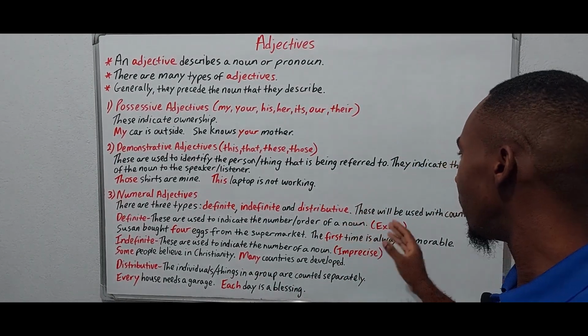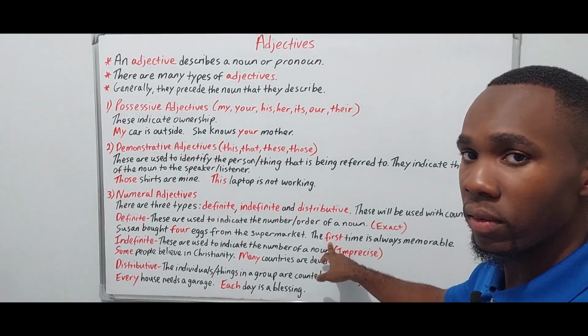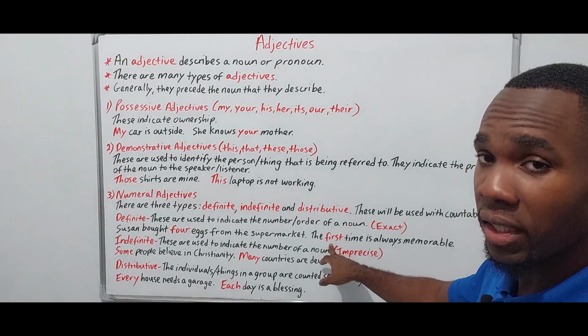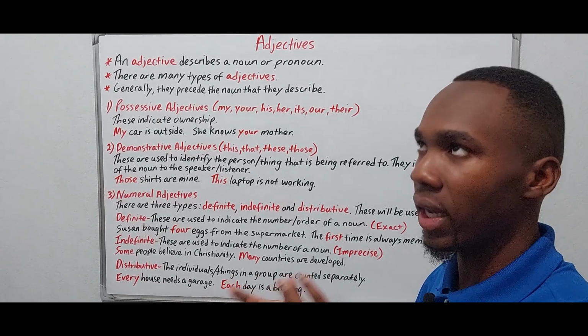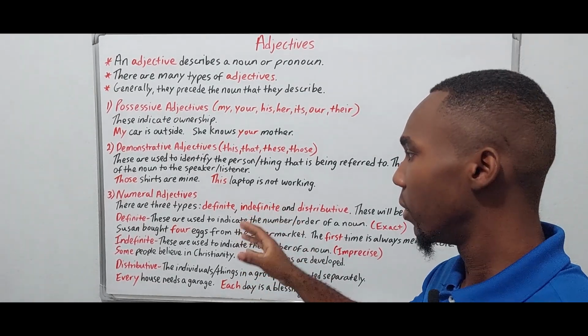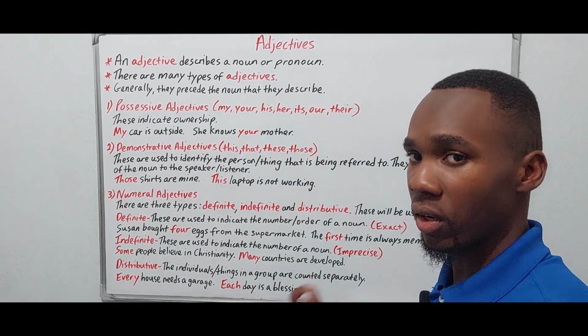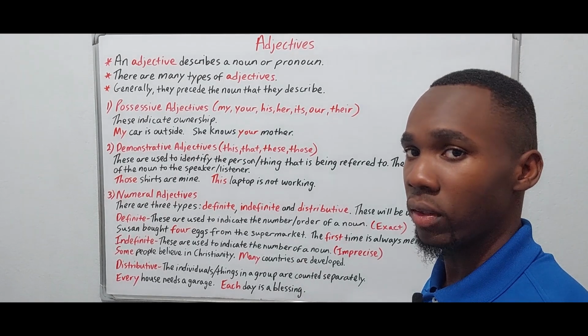And the first time is always memorable. First would be ordinal, right? So anytime you have an ordinal being used along with the card, yes. When a number is used, when the exact amount is used before a noun, that would be an example of a definite numeral adjective.